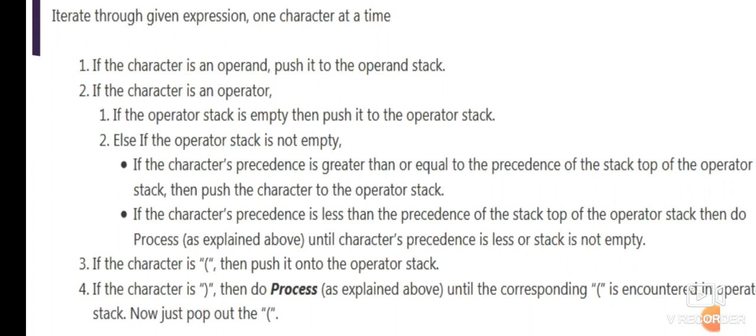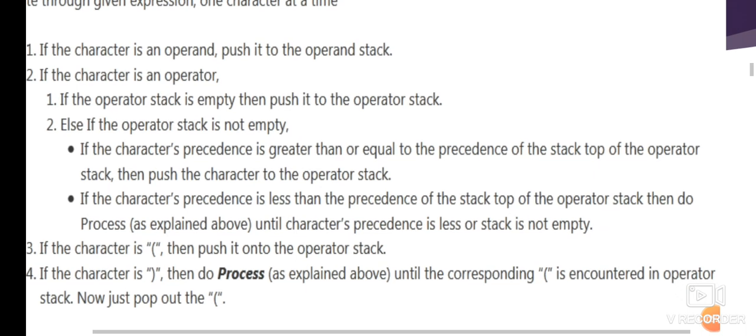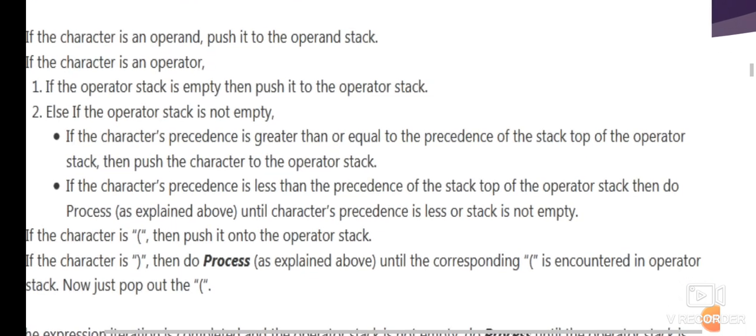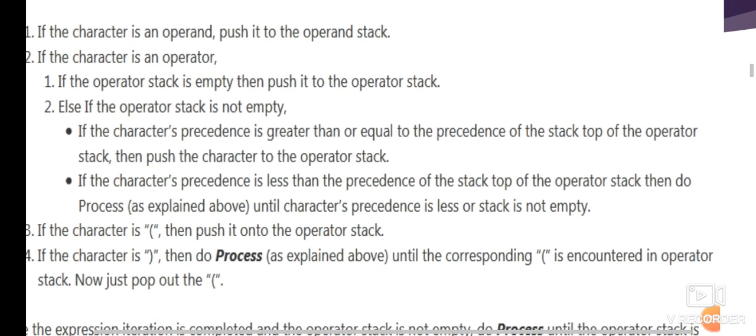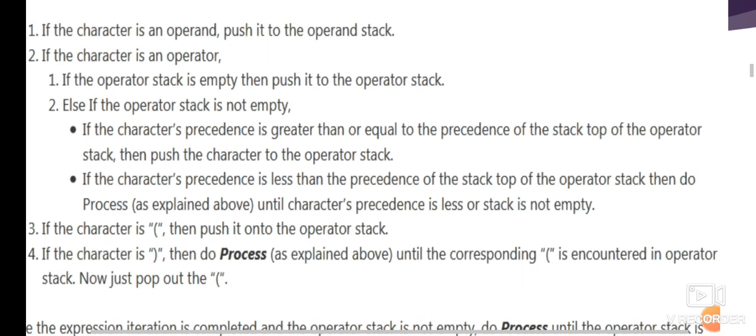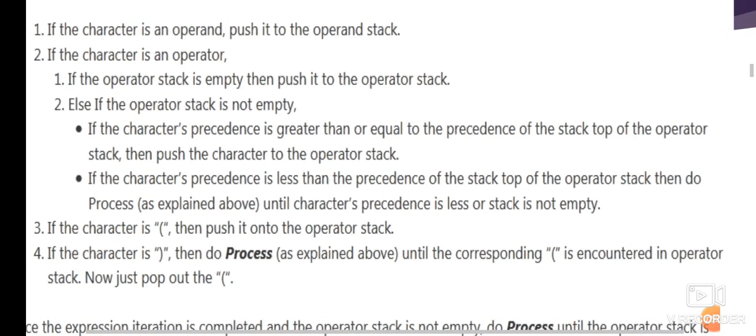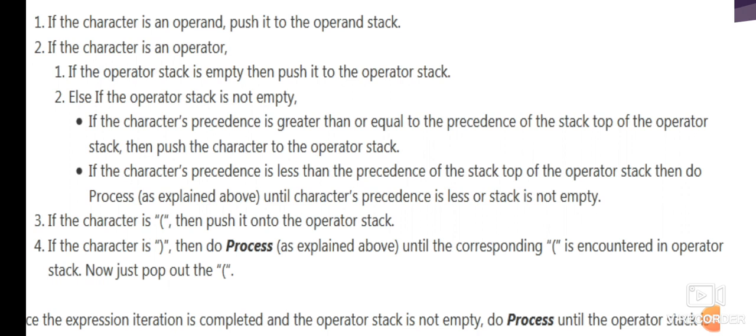Else, if the operator stack is not empty and the character's precedence is greater than or equal to the precedence of the top of the operator stack, then push the character onto the operator stack. If the character's precedence is less than the precedence of the top of the operator stack, then do the process until the character's precedence is greater or the stack is empty.